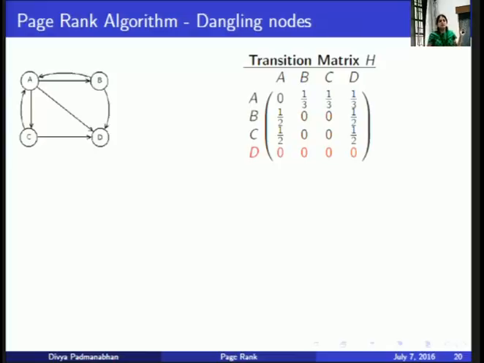These kinds of pages will be very common. It's not that every page always links to every other page; sometimes you won't even have any outgoing links. So what do you do when you encounter these kinds of pages? Any suggestions? Does anyone have ideas what you should do with this row?